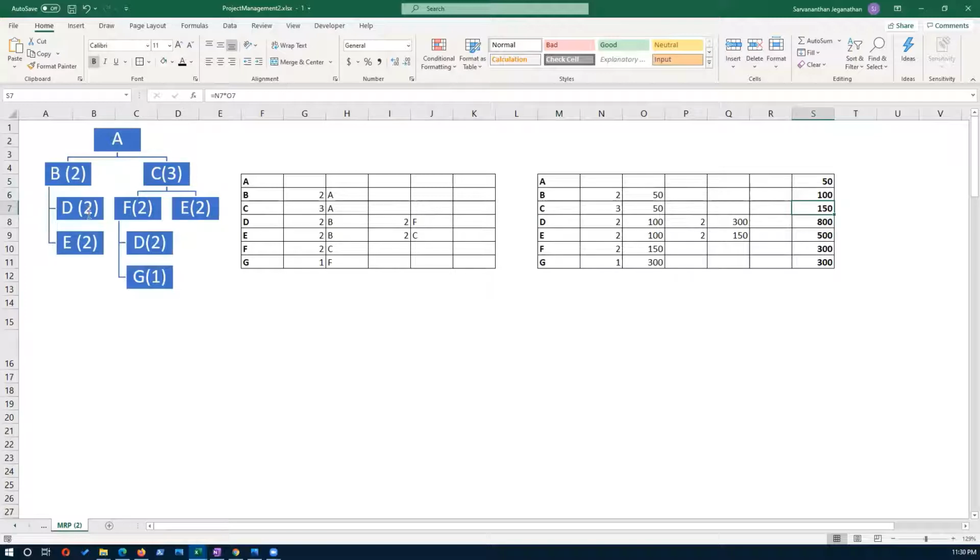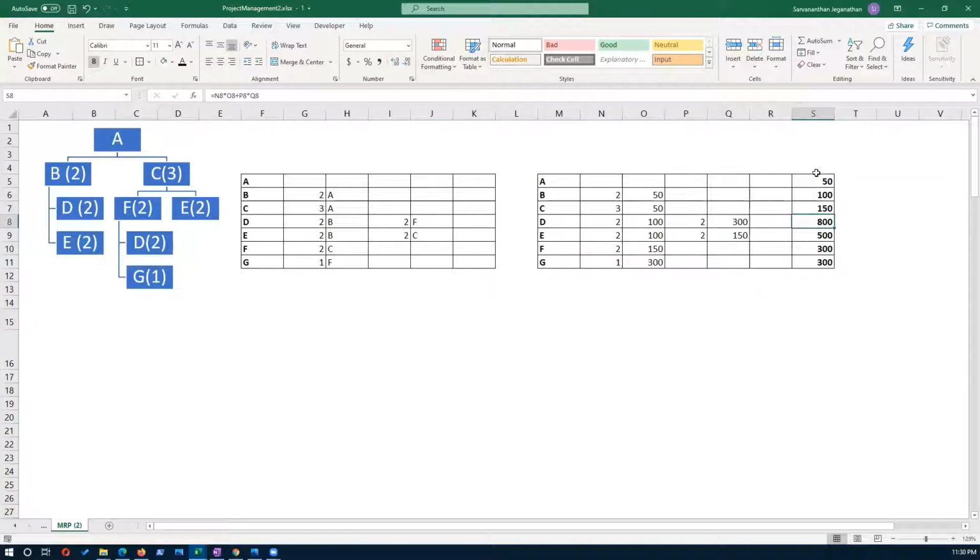Now, D is used in more than one component. D is used in B and D is used in F. So to find out the number of D you need, you have to multiply. You need 2 Ds for each unit of B and 2 Ds for each unit of F. So we know B is 100, and based on this calculation, we know F is equal to 300 for 50 units of A. So based on that, we can find the number of Ds we need: 2 times B, 100, plus 2 times F, which gives us 800.